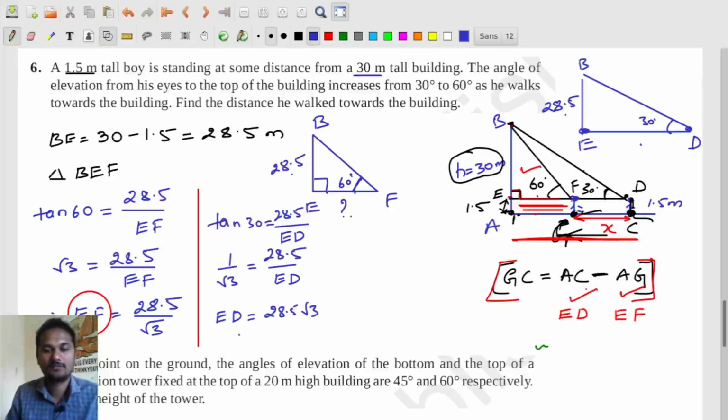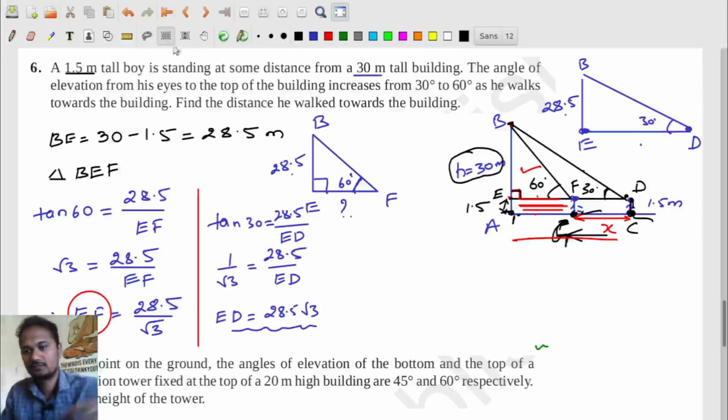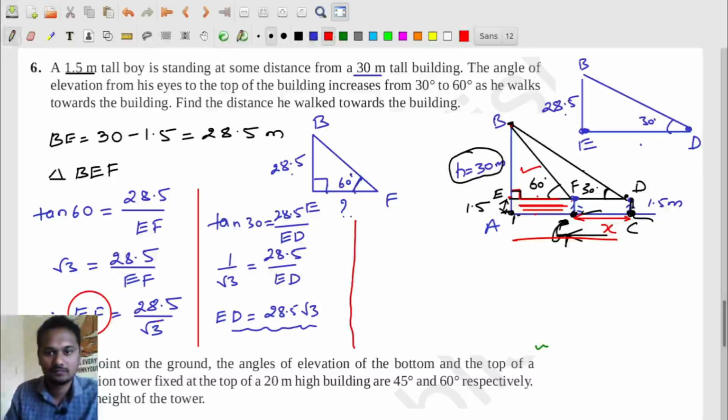Again keep this one as it is, 28.5 root 3 is your AC, right? So here you got EF and then ED.